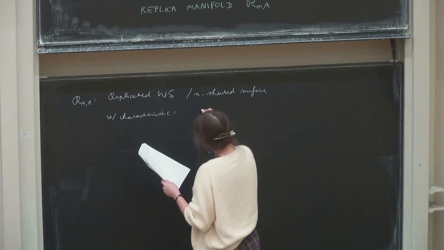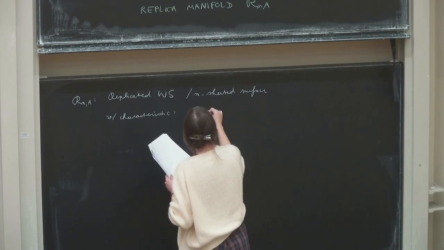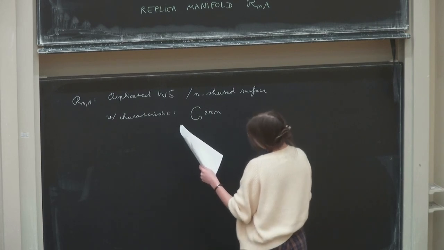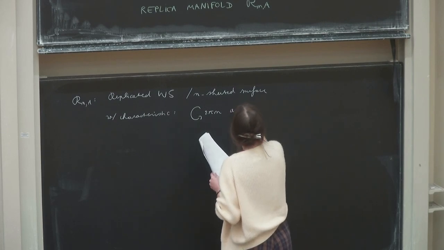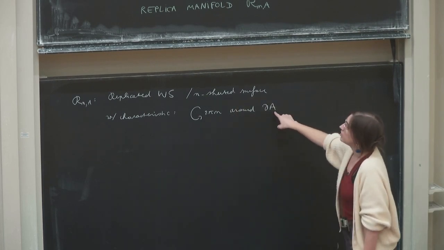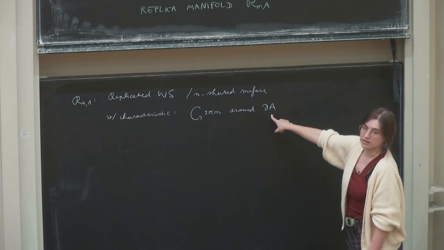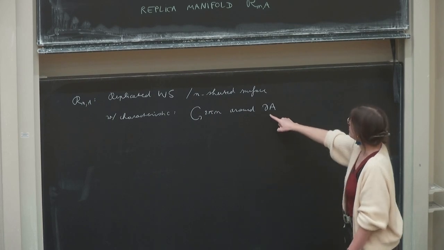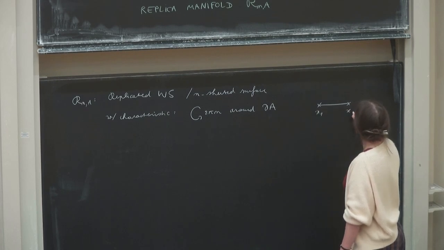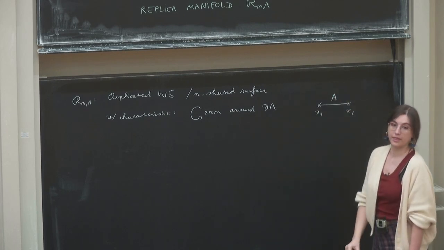So the characteristic, but I'll do this a bit more in detail, is that it takes you 2 pi n to go around the boundary of A, which I write as dA like this. Okay, so the boundary of A is just those two endpoints, x1 and x2 of your interval.